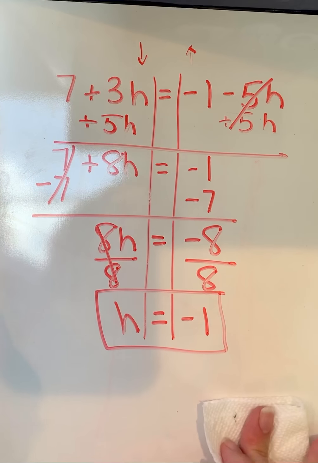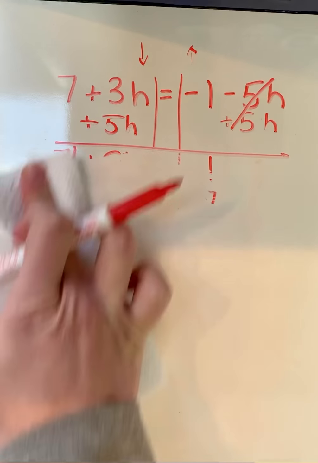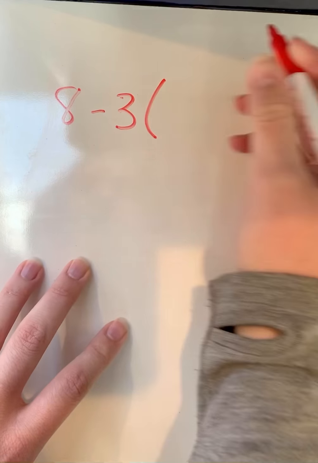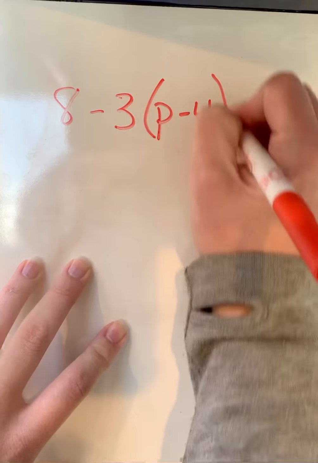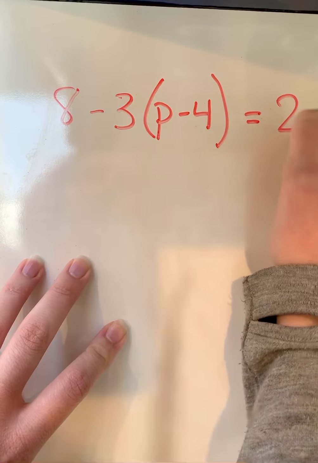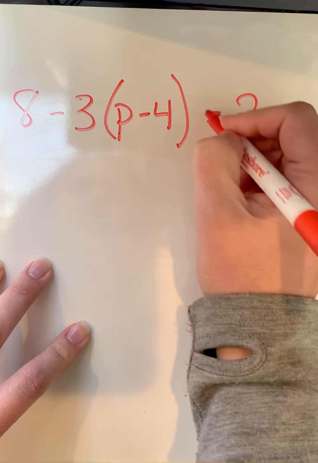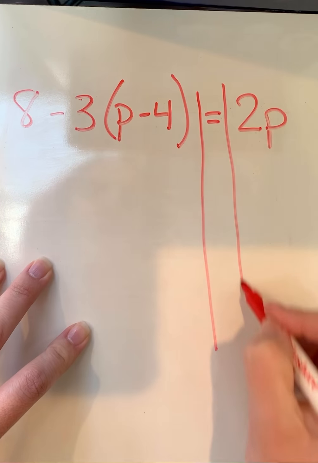Let's try another one. So this one's going to have a set of parentheses, which means that you are going to have to distribute. So again, I draw my little divider.